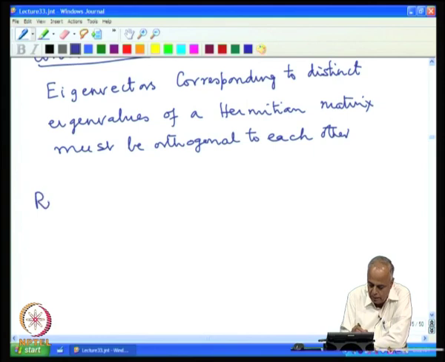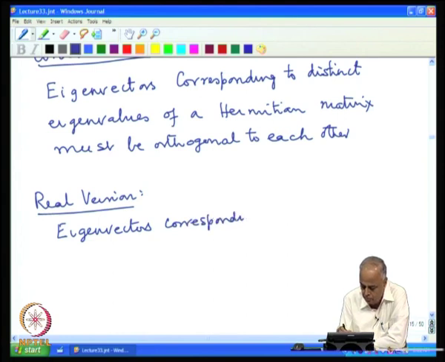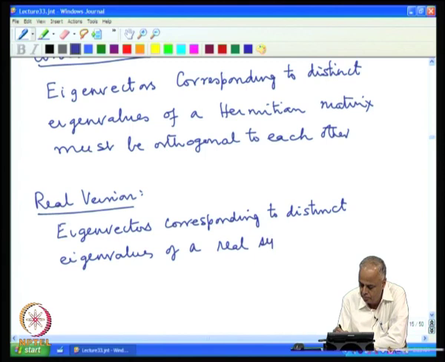Now, the real version again is that eigenvectors corresponding to distinct eigenvalues of a real symmetric matrix are orthogonal to each other, must be orthogonal to each other.